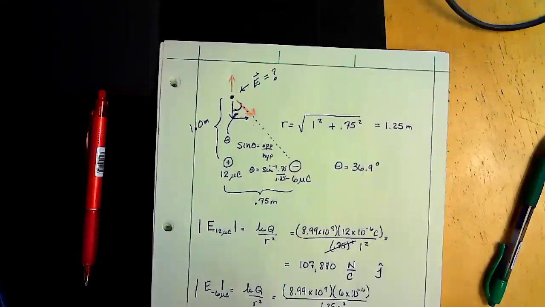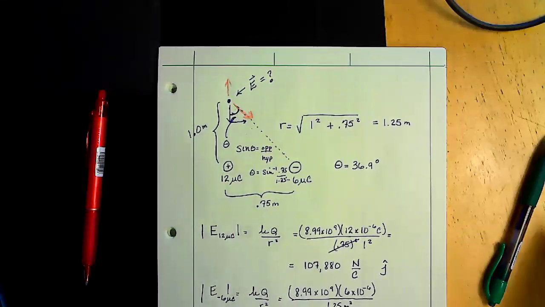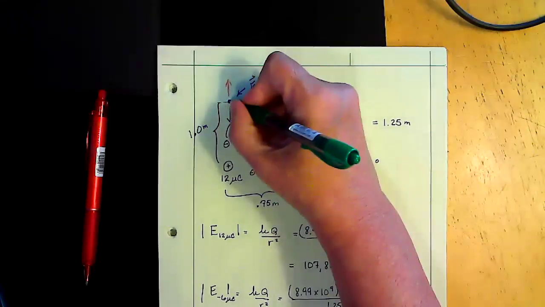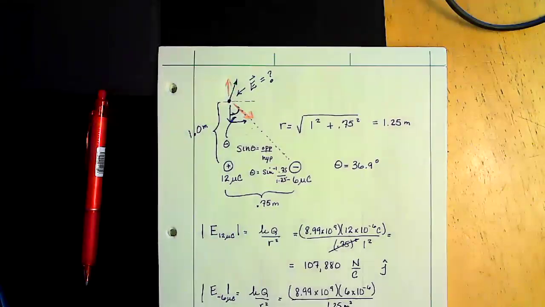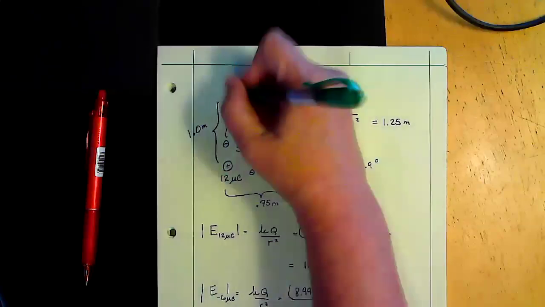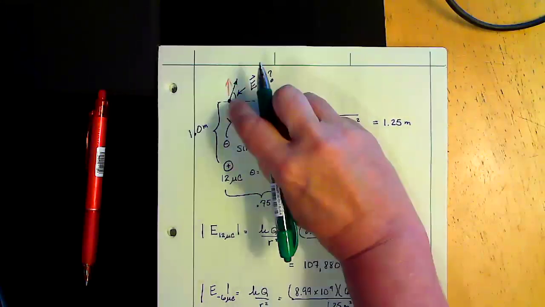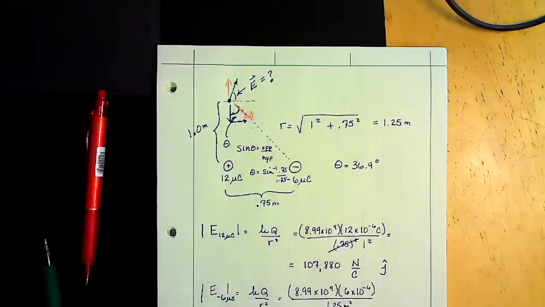So if I were doing this on that simulator that you have for your laboratory, if I were to draw the arrow at this point, the magnitude of the arrow is going to be 82 or 83,000 Newton coulombs, and my angle is going to be 75.5. So if I were able to drop a charge right there, this is the direction it's going to move based on my electric field.